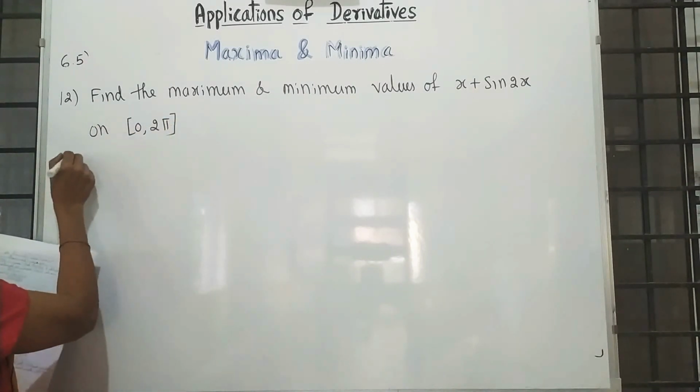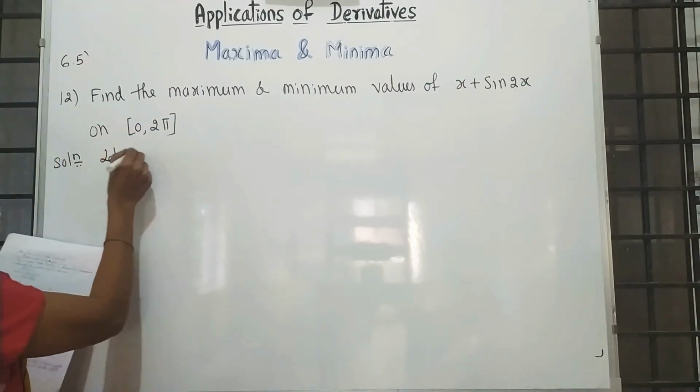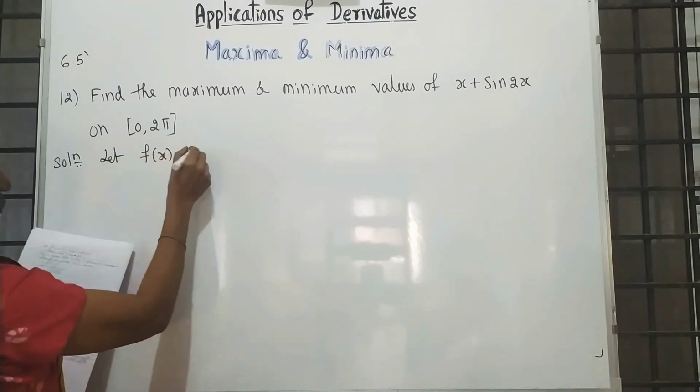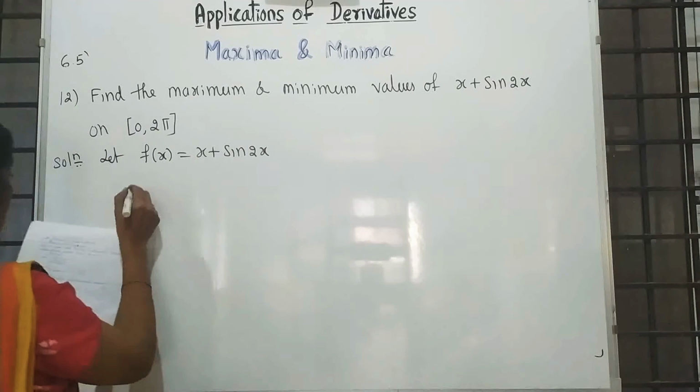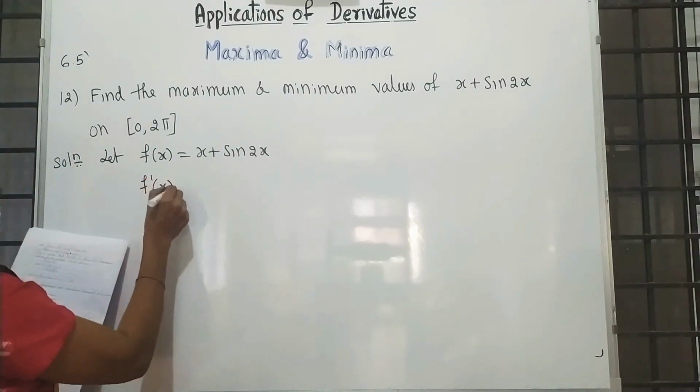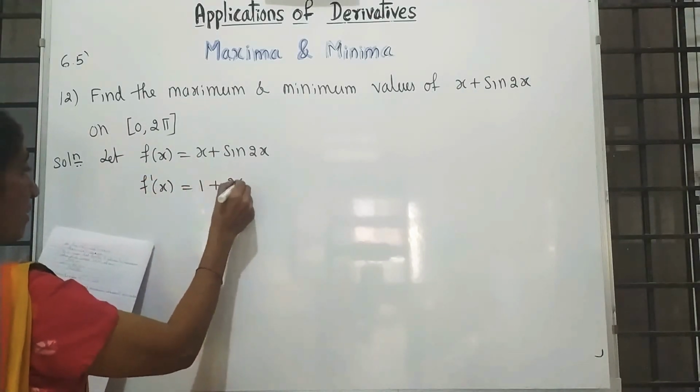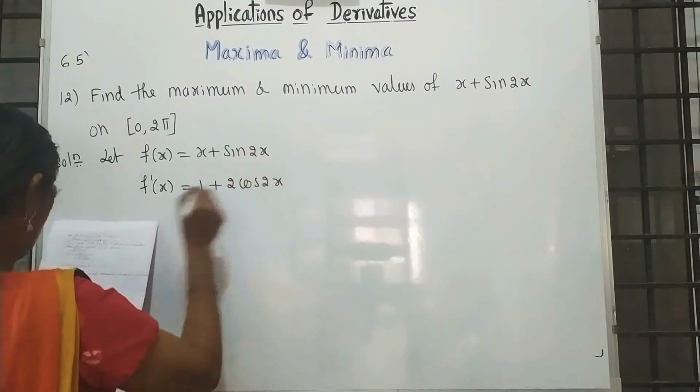So in the solution, let us call this as f of x. F of x is equal to x plus sine 2x. Differentiate this. 1 plus 2 cos 2x.